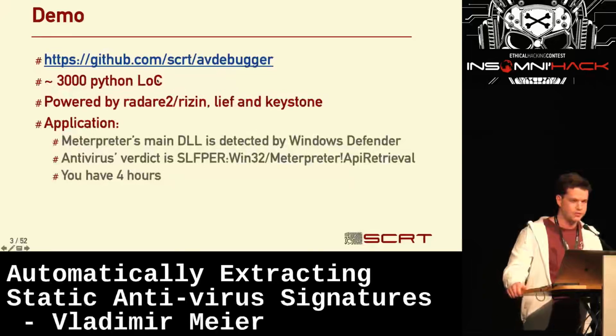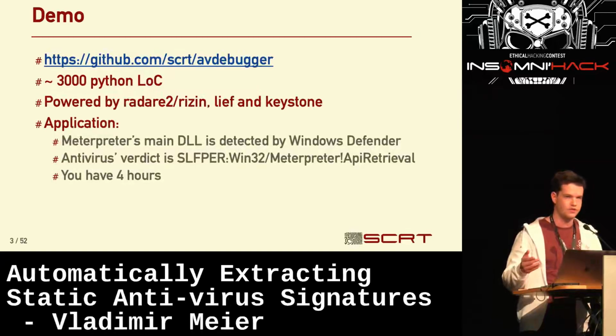It will be open sourced on GitHub after the talk. It's 3,000 lines of Python code. If it's that small, that's because we are standing on the shoulders of giants here, thanks to frameworks such as Rizin, LIEF, and Keystone. The demo I've just started is about Meterpreter because I'm a pen tester and we like to use Meterpreter, and have for many years.